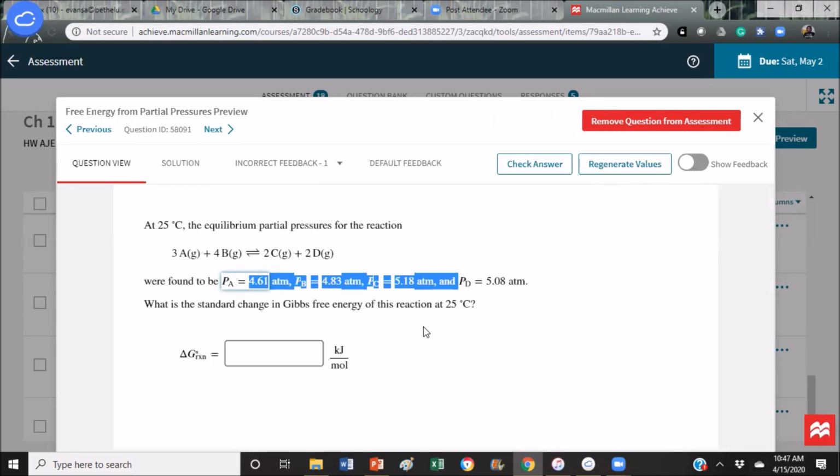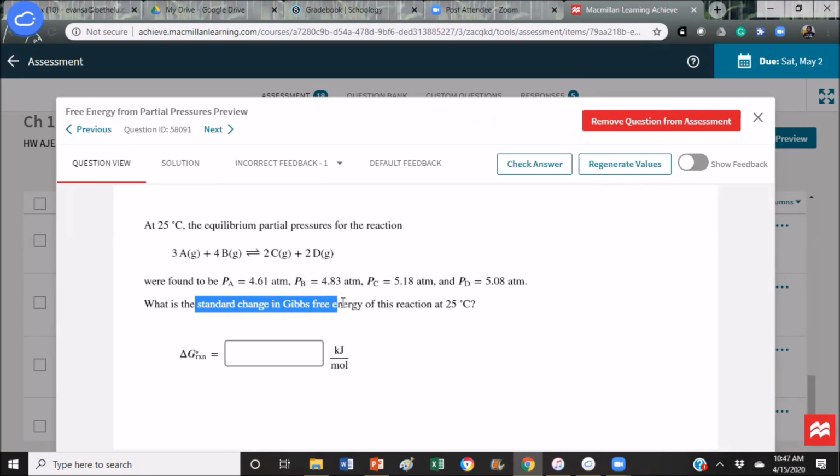What is the standard Gibbs free energy? So if we see equilibrium, we go straight to the Gibbs standard. Basically, you'll see either the term equilibrium or standard. It's asking for standard, and it gives you equilibrium concentrations. One of those two words will be used.